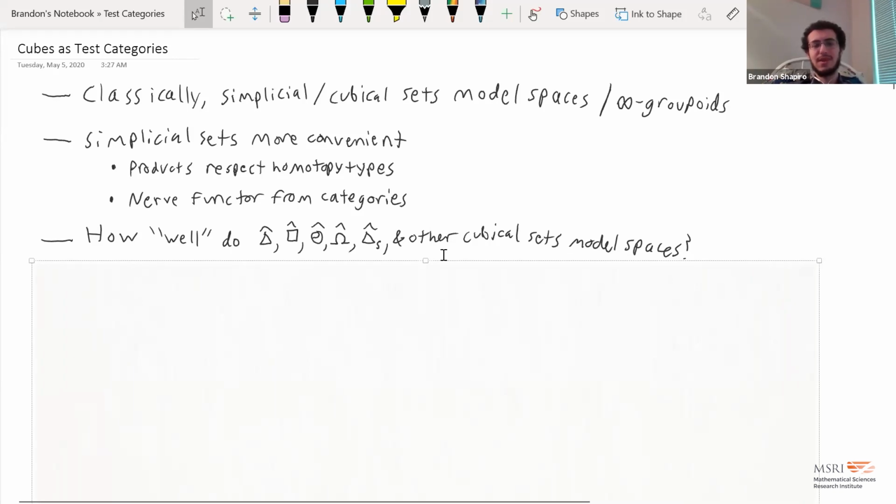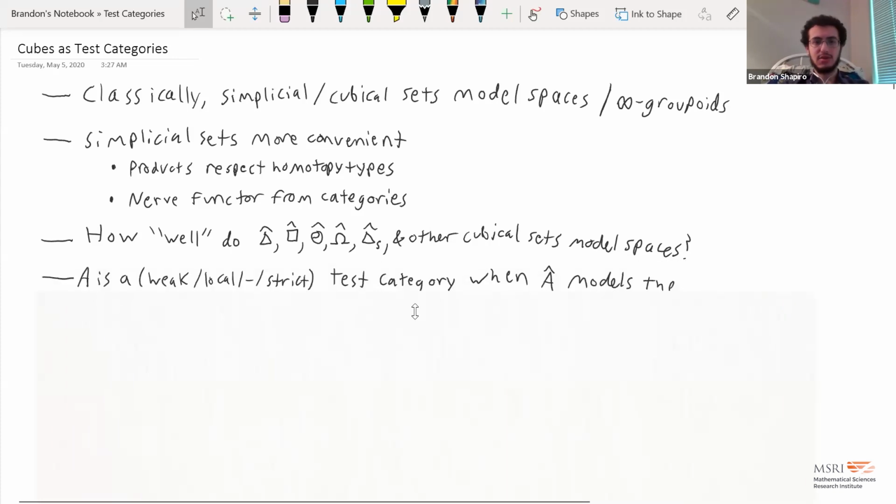So it would be nice to have a way of talking about how capable these categories of cells, I'll call them, are of describing the homotopy theory of spaces, or if you prefer, the theory of infinity groupoids.